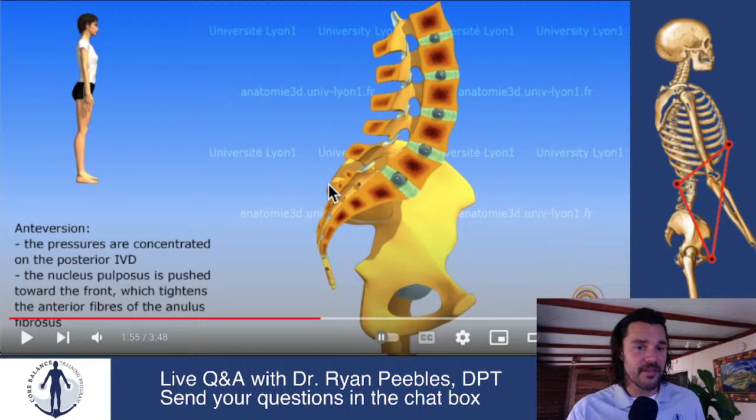You can check with this little test I described if your pelvis might be tilted forward or backward, and depending on if your pelvis is tilted forward, you might want to think about biasing towards a posterior tilt. And if you have a flat back, you're one of those 20% of people with chronic lower back pain who has a flat back, you can think about biasing towards anterior tilt.